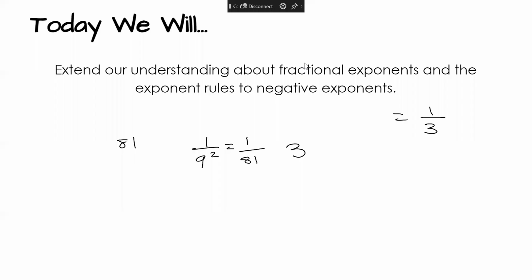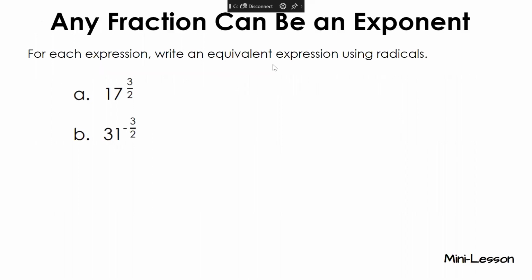All right, so today we're going to extend our understanding of fractional exponents and the exponent rules to negative exponents. Okay, so for each, write the equivalent expression using radicals. I'm going to help you with the first one.